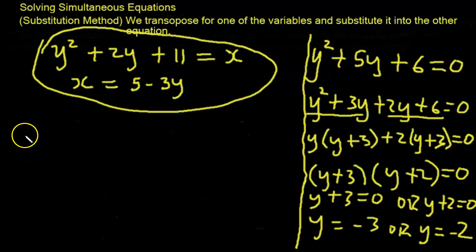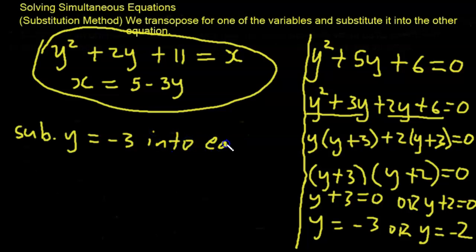So substitute y equal to minus 3 into equation 2. So this is equation 2, x equal to 5 minus 3y. But we're replacing the y with minus 3.